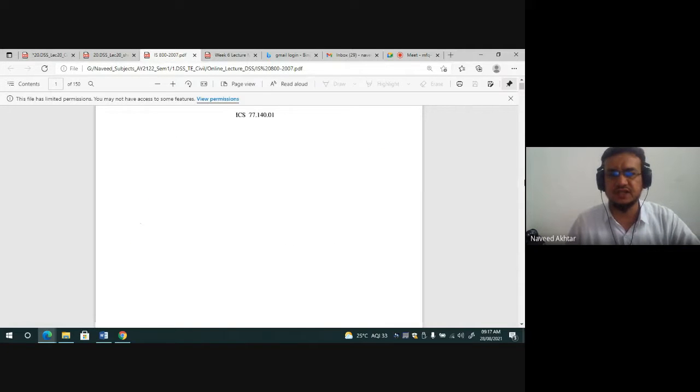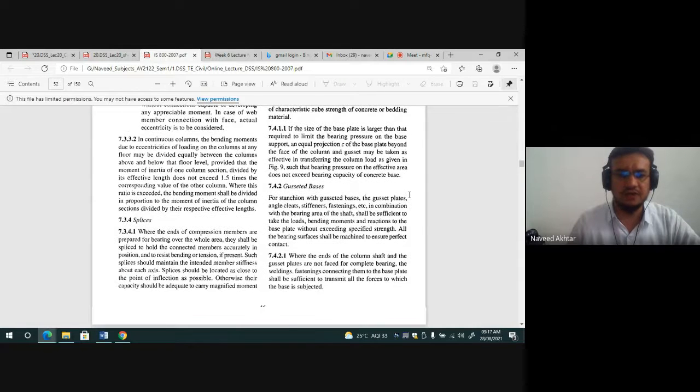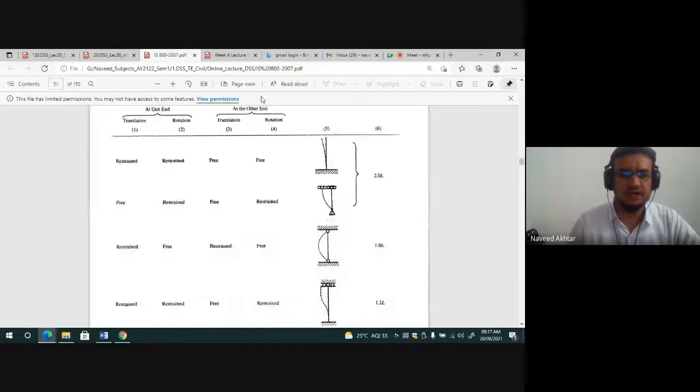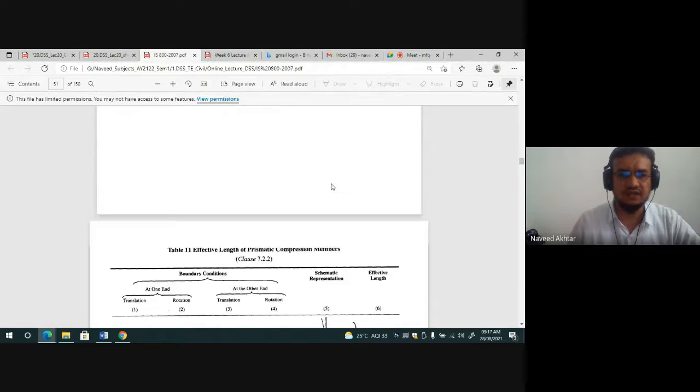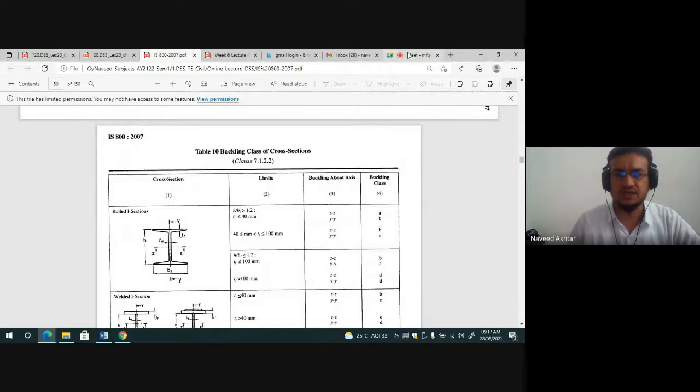So this is your IS 800 2007 on page number 44. It gives the effective length and the buckling class of your sections.